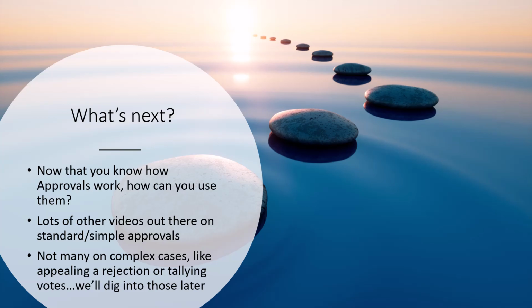Or tallying votes. If you're making a hiring decision, you want to use approvals as a consolidated, coordinated way to get all of the people who have a say to vote on which candidate to hire, or should we hire this candidate, yes or no.